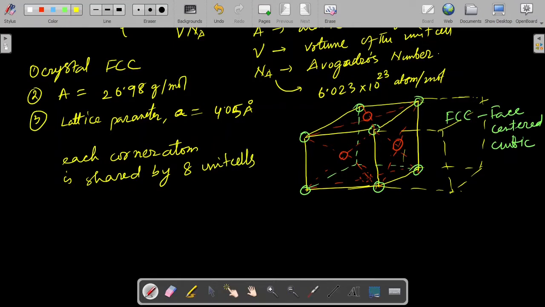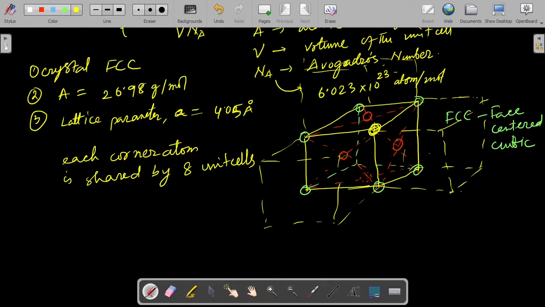How? Let's say, for example, this corner atom is shared by this one and this one, and so also there will be another unit cell on the top, and another on this top. This will also share this corner. There will be another one on this front, like this one. So in this way you can find out there are 8 unit cells which share this corner, and every corner is shared by 8 unit cells.